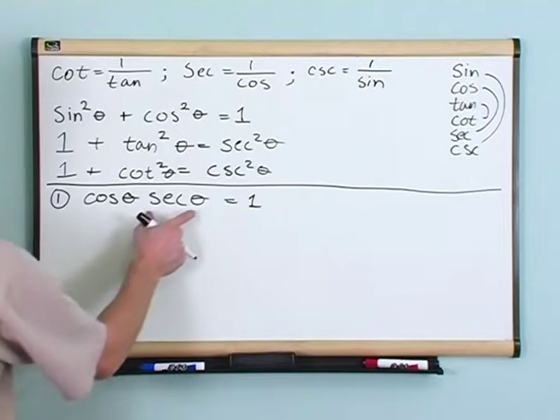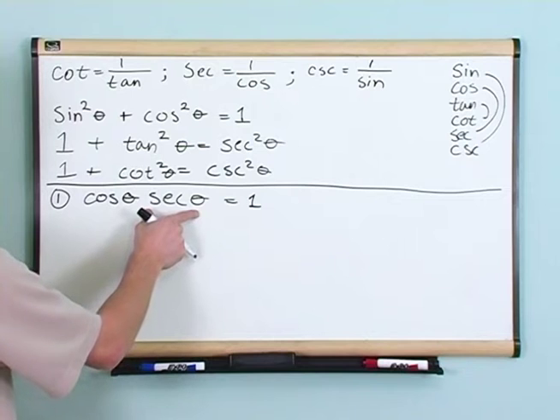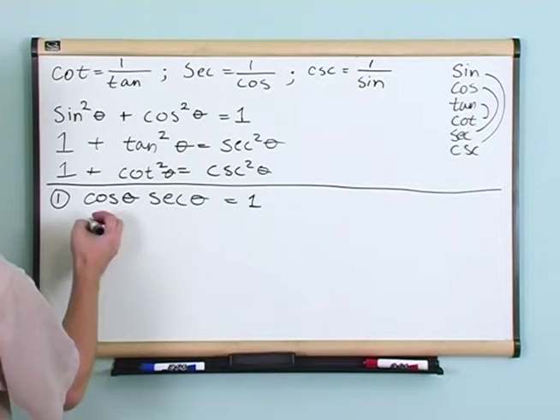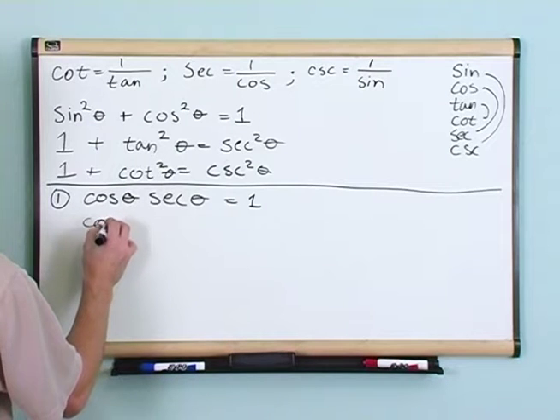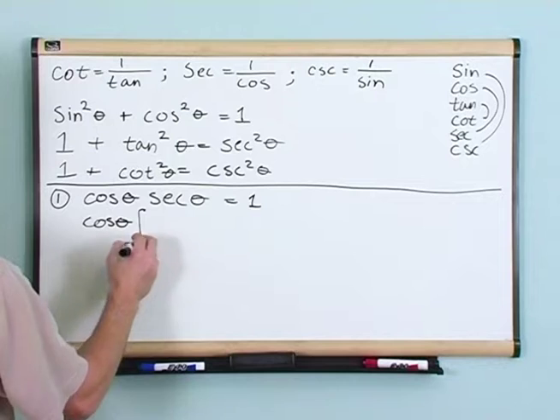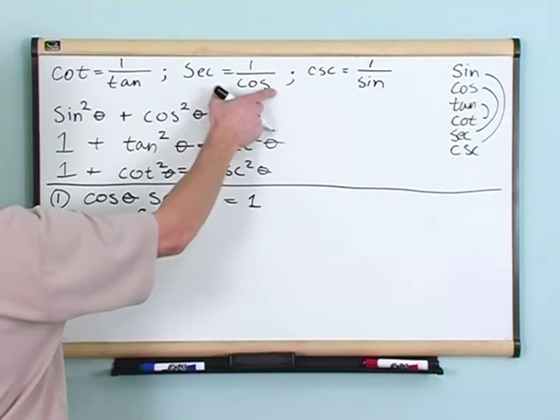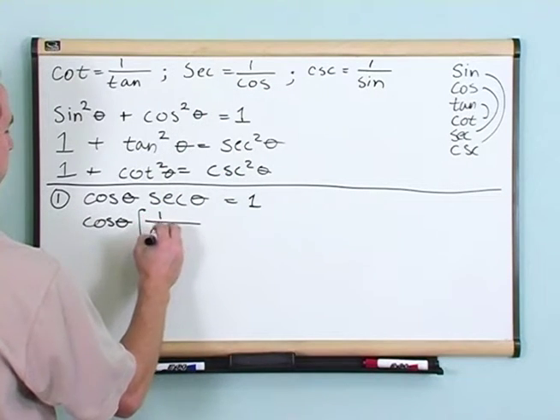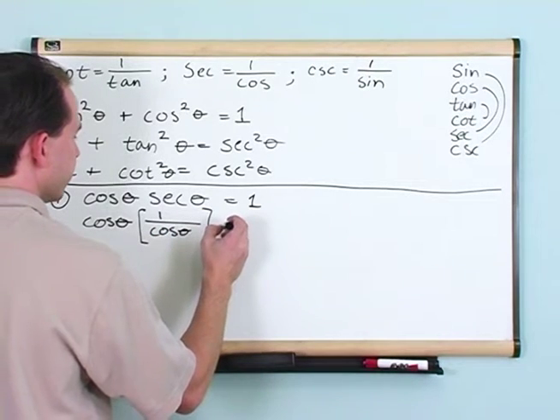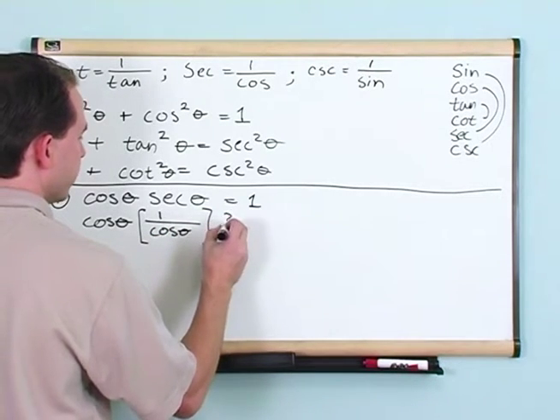The first thing I notice is this secant here. I can write this secant in terms of a cosine. So let's try to do that. Cosine theta, all I've done is copy this down again, times secant theta. But secant theta is given by 1 over cosine theta. And I'm asking myself, is this equal to 1?